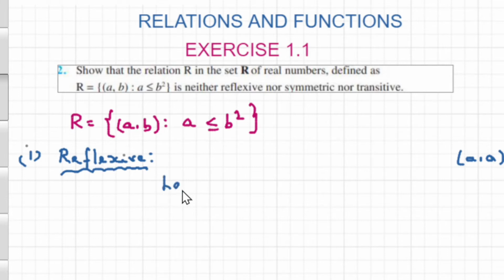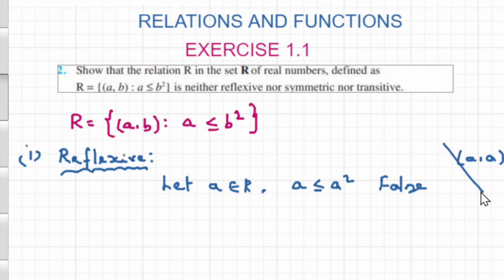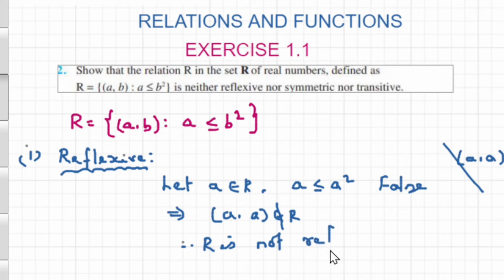So let a belong to R. Then we replace both with the same element, so it is a less than or equal to a squared. This is actually false, since both must be the same for the reflexive condition. Therefore (a, a) does not belong to R, and so R is not reflexive.